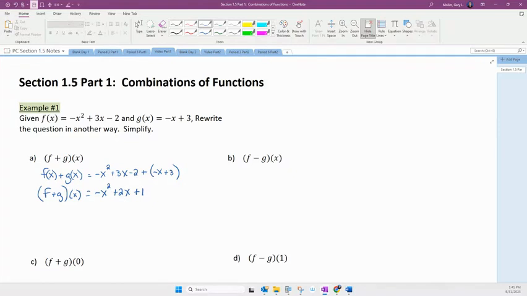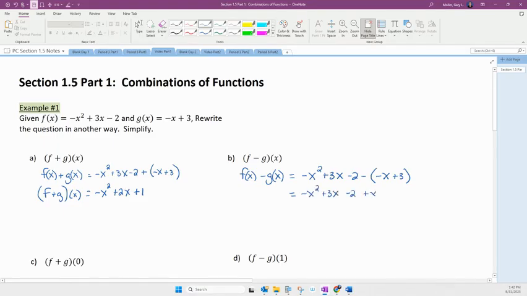F minus g of x is just telling you to find f of x and find g of x and subtract. In this case, we have to be a little more careful because when we're subtracting and there's more than one term, we have to make sure to subtract both terms. In other words, we need to make sure that second thing is in parentheses, and distribute.